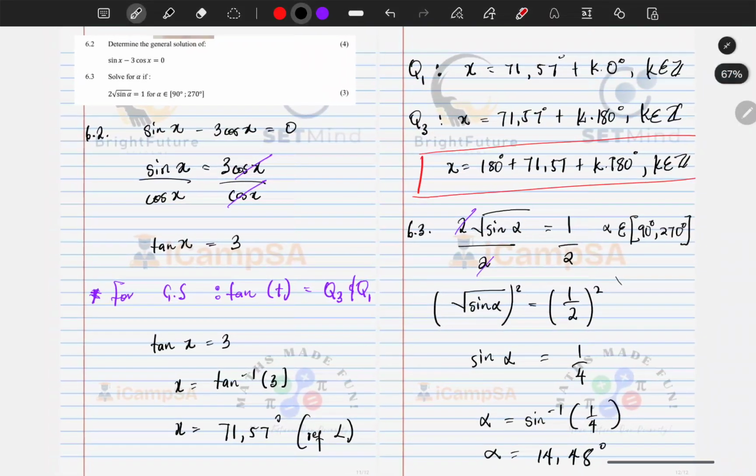But it doesn't end there, because we were told that alpha only exists between 90 and 270, and this is out of range. So we need to find the relevant one. So this we can also call your reference angle, right?